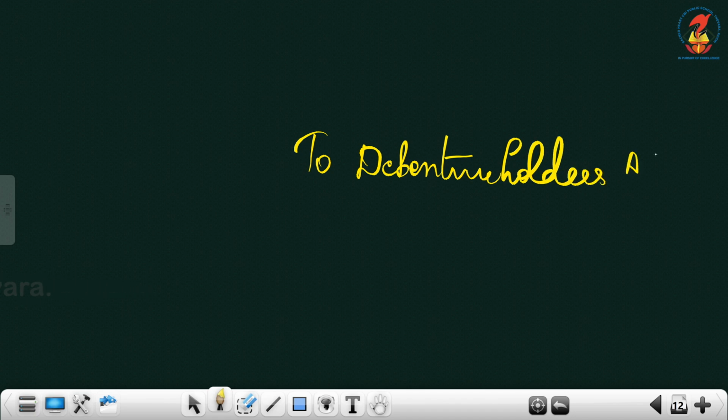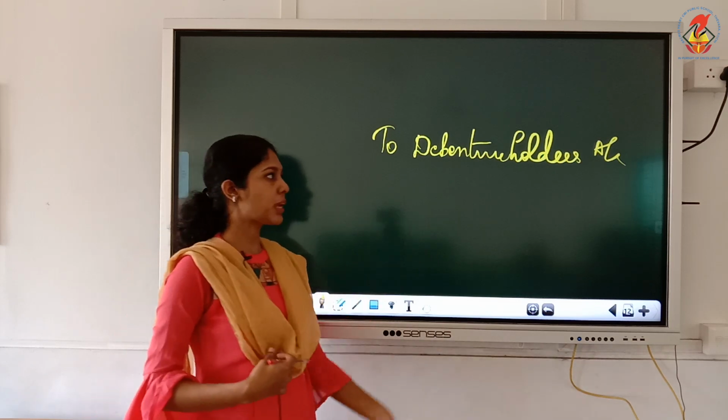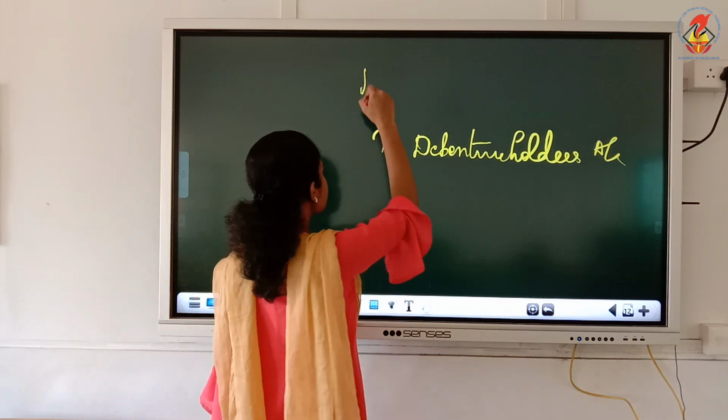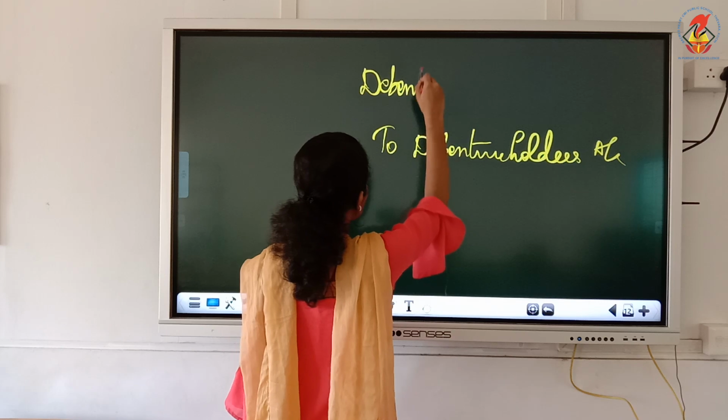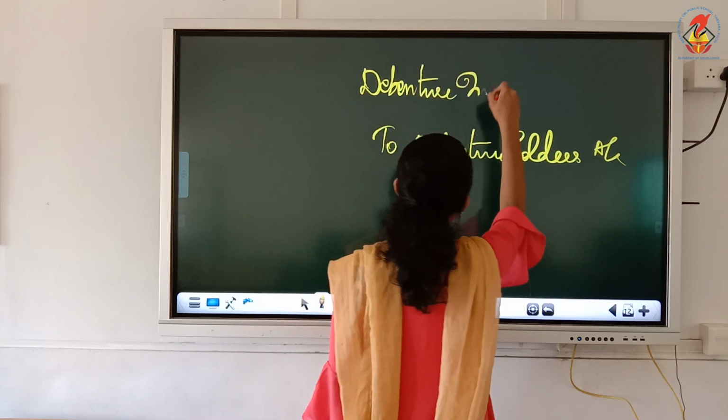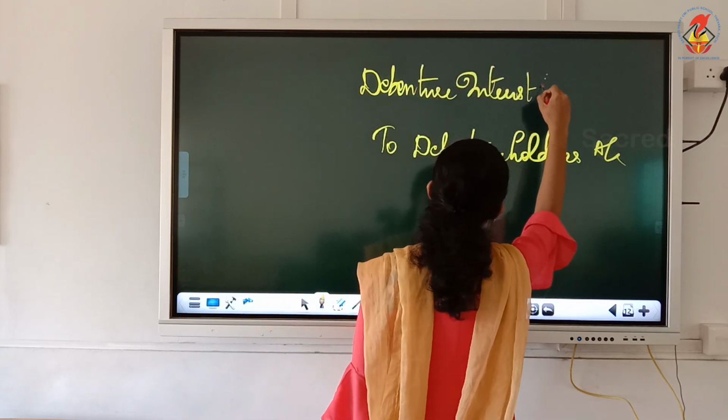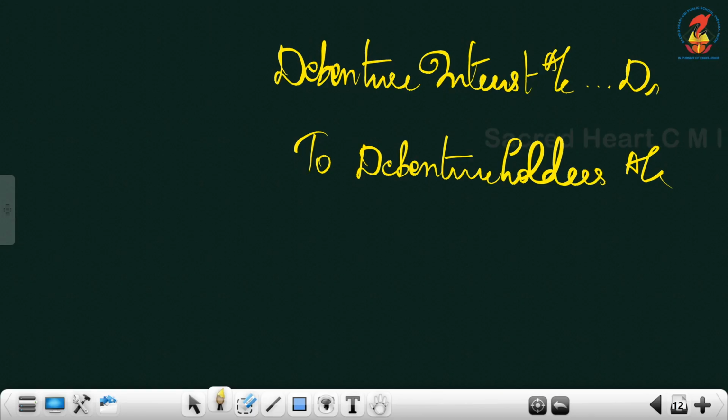It is to be given to debenture holders, so we will write to debenture holders, to whom we have to pay the amount. What are we paying? This debenture interest, so that we have to debit. So this is the entry for debenture interest. Understood? Debenture interest account debtor to debenture holders.